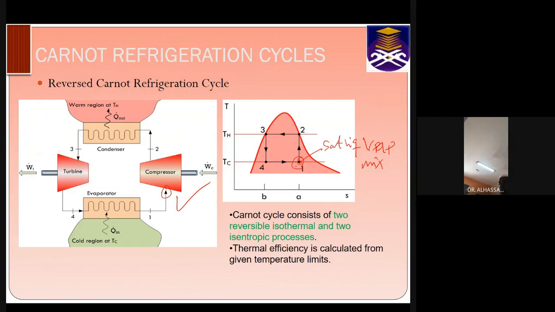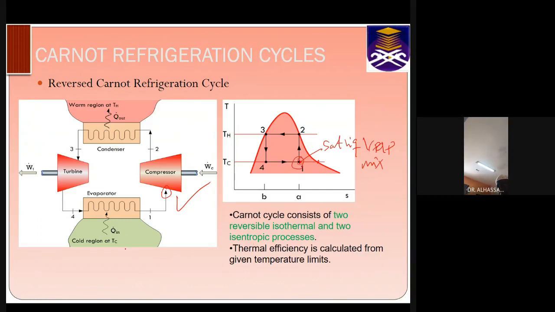You understand me? So we have to make a modification to this feature of the reverse Carnot cycle. The modification is that instead of allowing the fluid to enter as a saturated liquid vapor mixture, the fluid is continuously heated until it exits at the saturated vapor state.